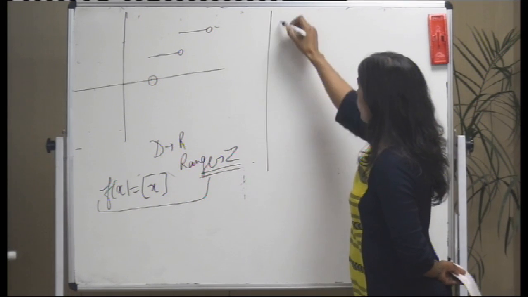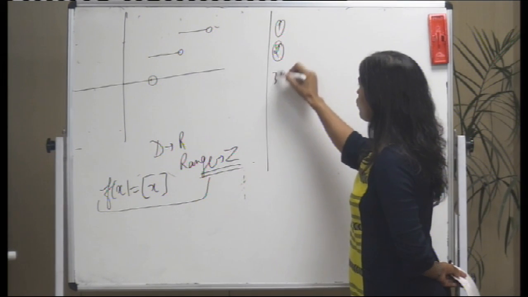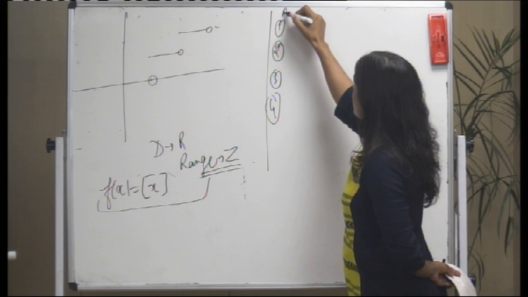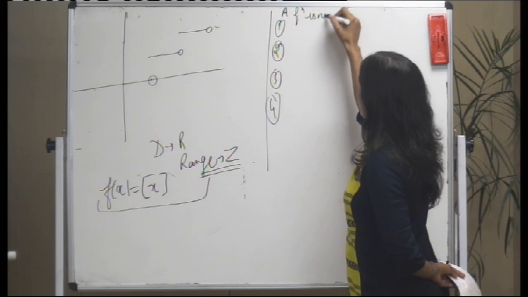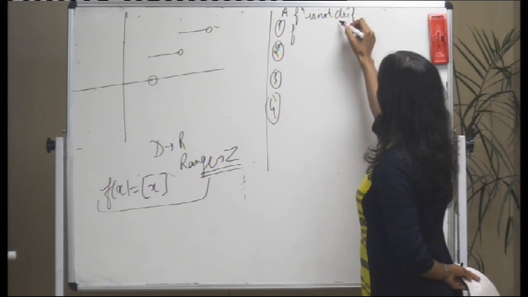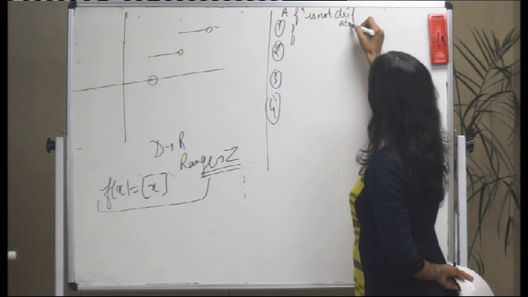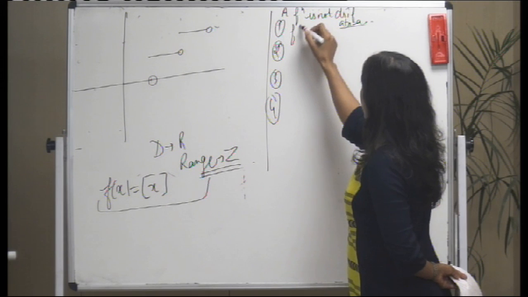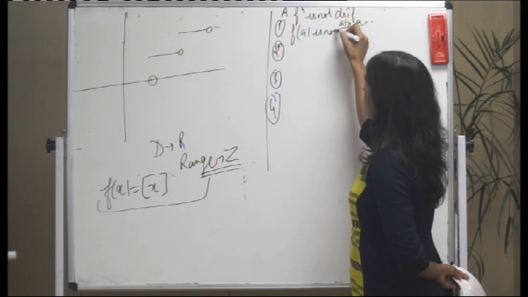And four properties also: a function is not continuous at x equal to a if f(a) is not defined. This is the first thing.